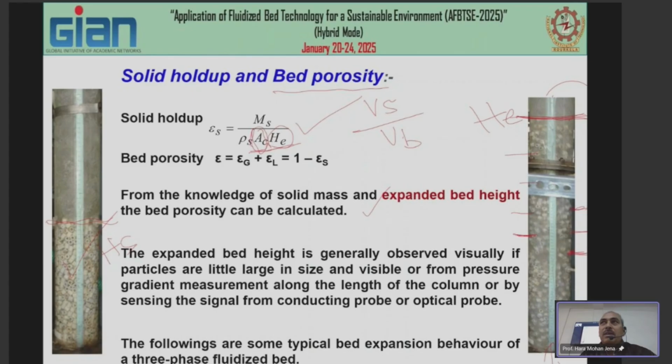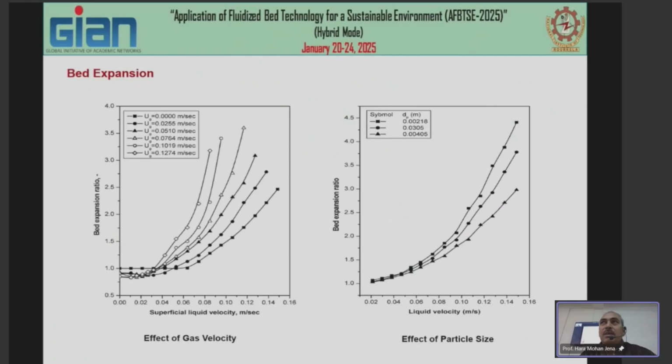The following are some typical bed expansion behaviors of a three-phase fluidized bed, experimentally observed. You see in this plot, the bed expansion ratio is on the ordinate, and on the x-axis there is the superficial liquid velocity, and the legend shows that different gas velocities are there. So these lines represent different gas velocities and the variation of bed expansion ratio with liquid velocity.